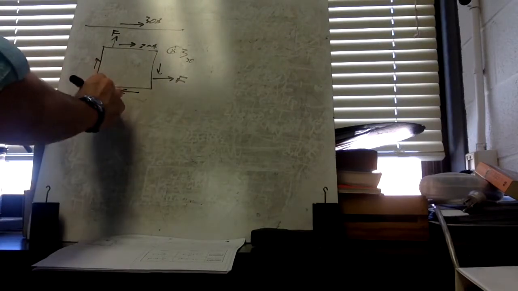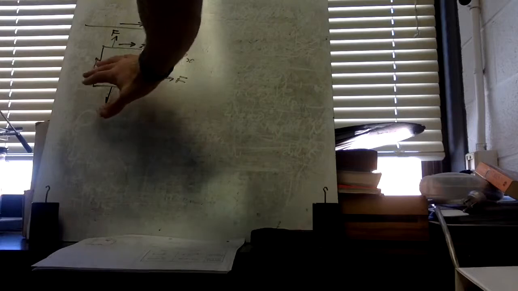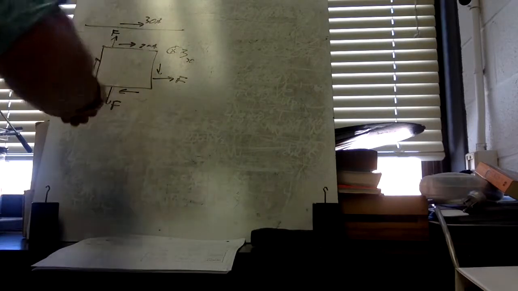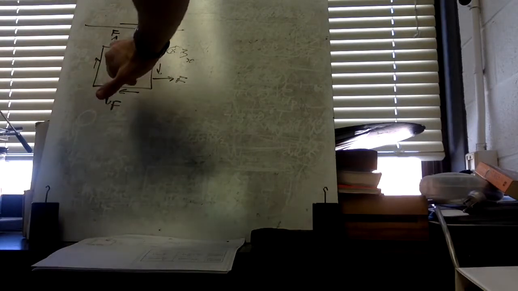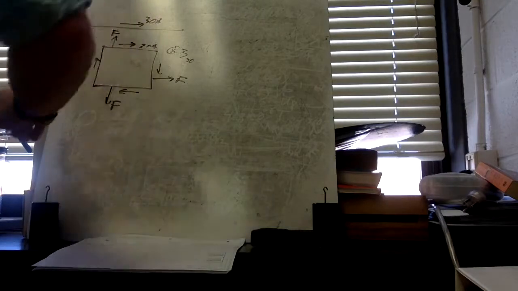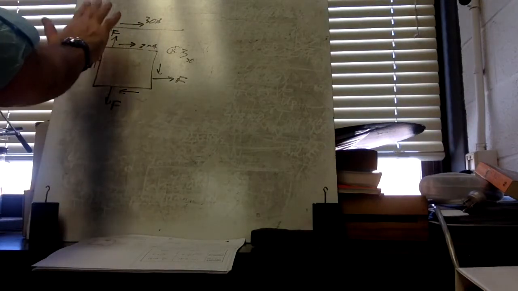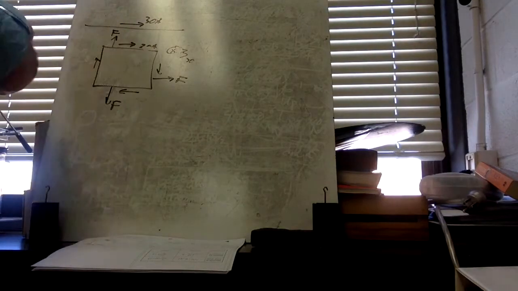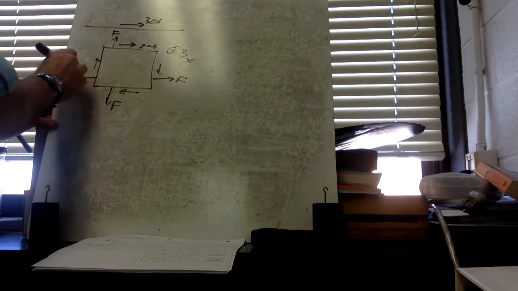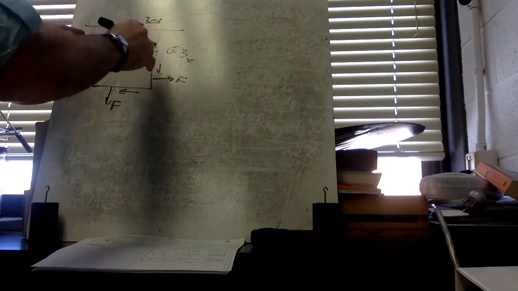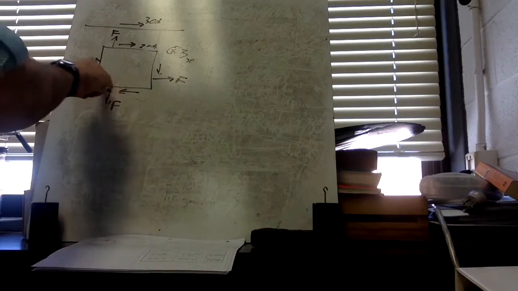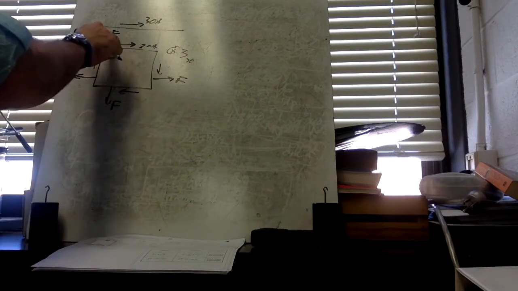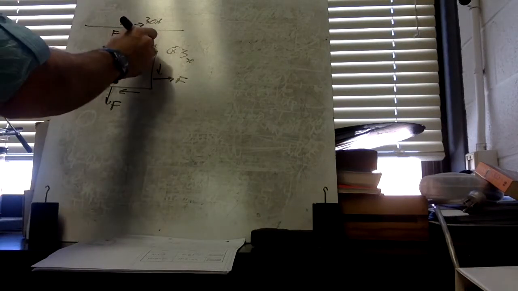There's a force this way, because if I go that way and then curl with the magnetic field right into the page, then I get force going down. And here, that going that way, up, cross into the page, and then there's a force going that way. These two forces cancel out because they're symmetric, but this one is going to be a little bit weaker than this one. This one's stronger because it's closer. Okay.